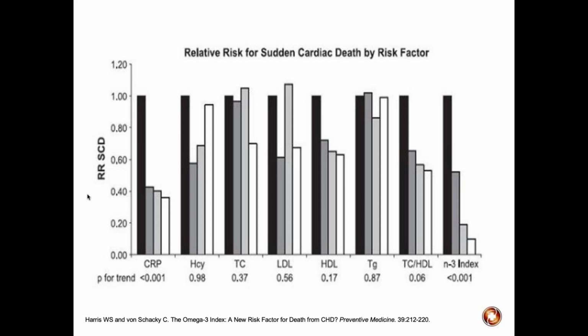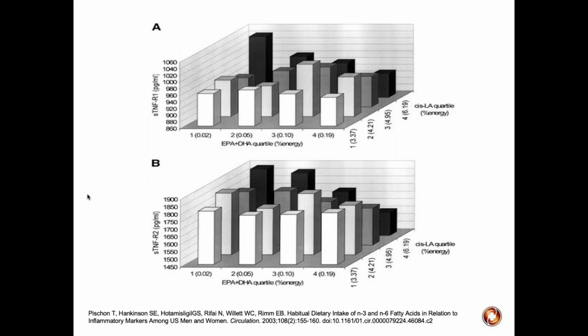These make things like triglycerides and LDL levels look insignificant because of the drop-off that you get in relative risk for sudden cardiac death when you start to move towards a lower level of C-reactive protein, again on the left, or a higher level of omega-3 to omega-6 content in red blood cell membrane, which you see here on the far right. So it really puts this, I think, into a much clearer picture for what we're talking about.